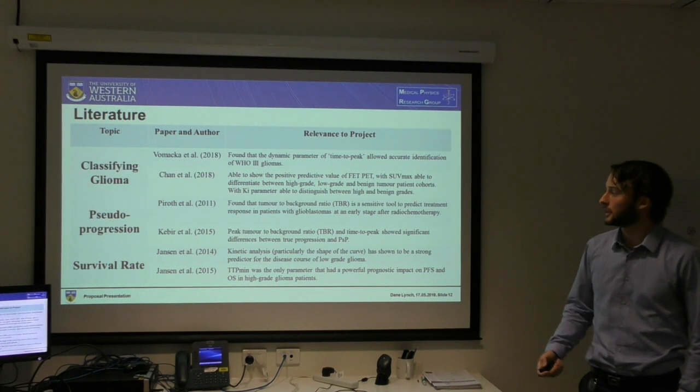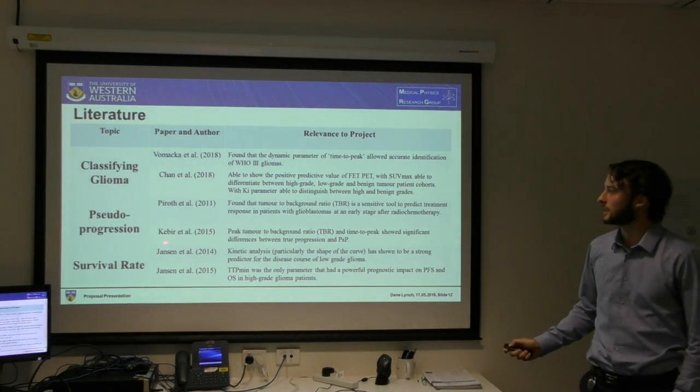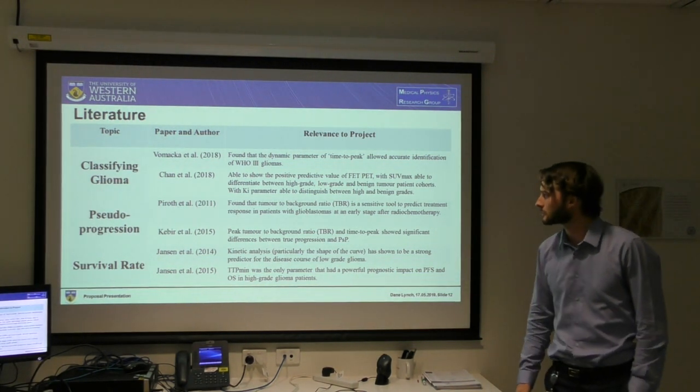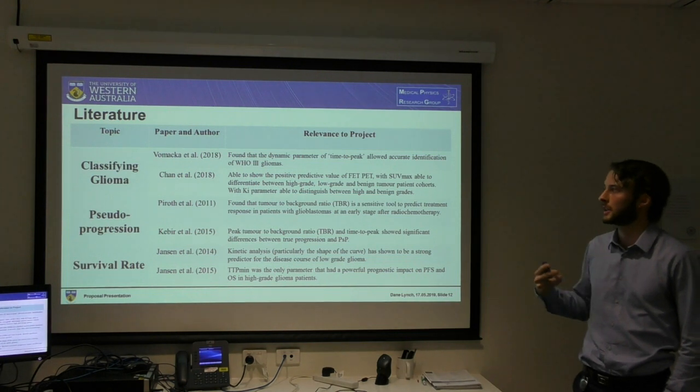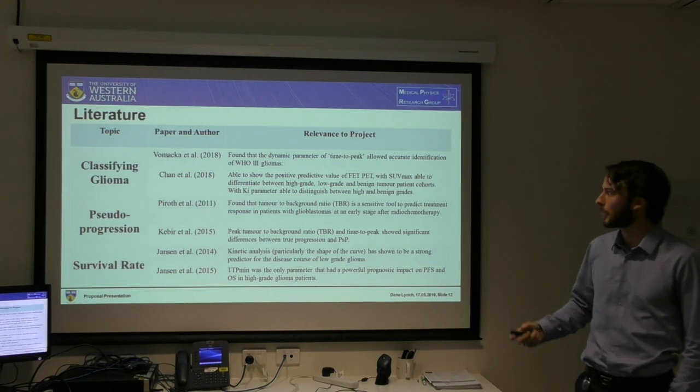So previous literature on this topic is divided into 3 different categories. The first category I looked at was studies that assessed how these parameters are used to classify glioma.